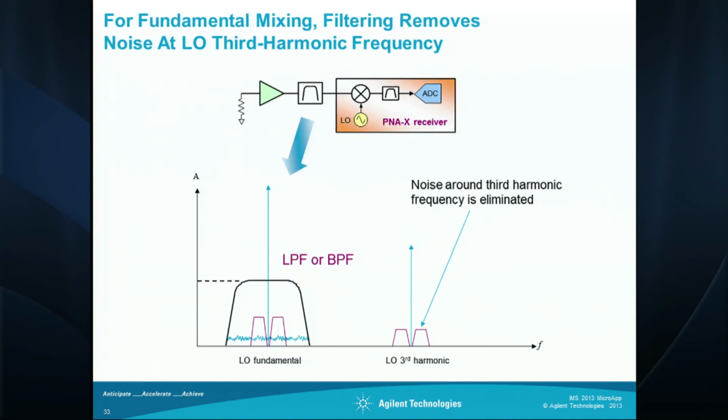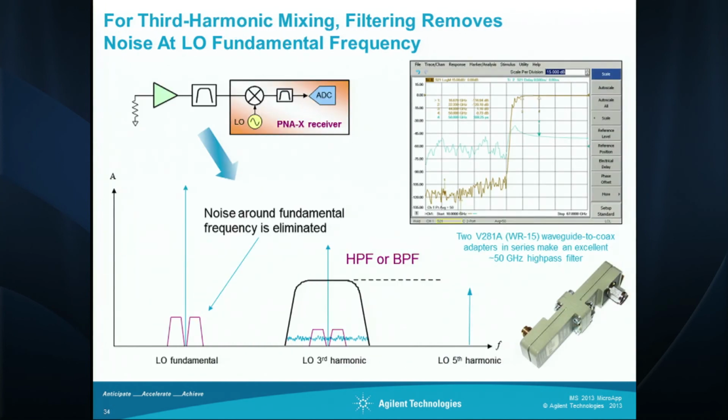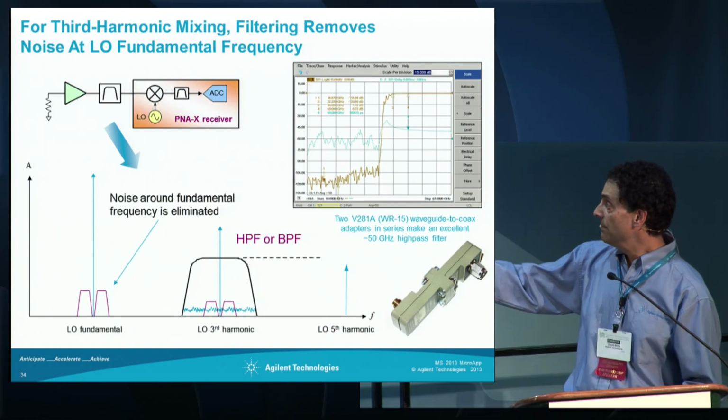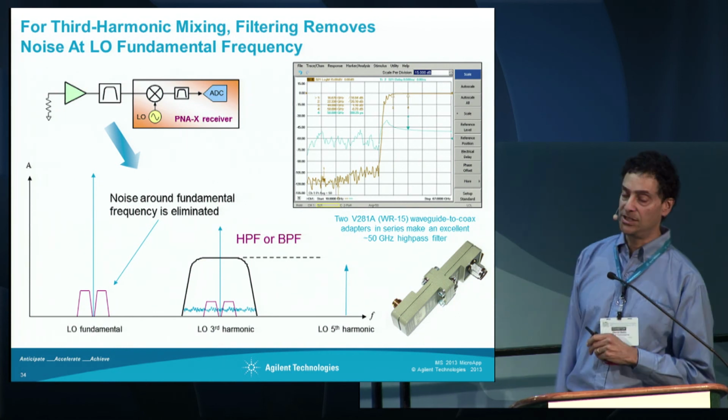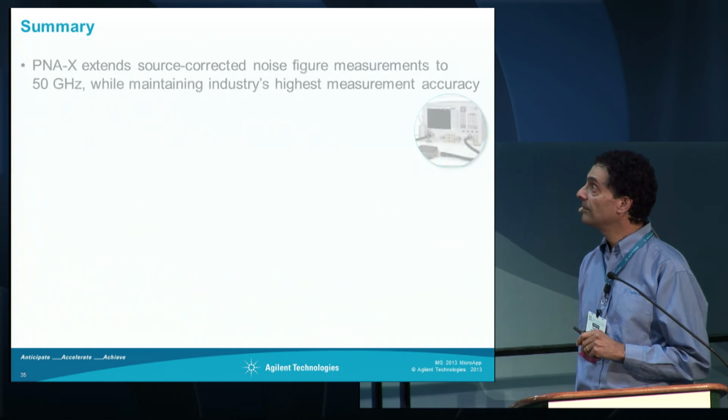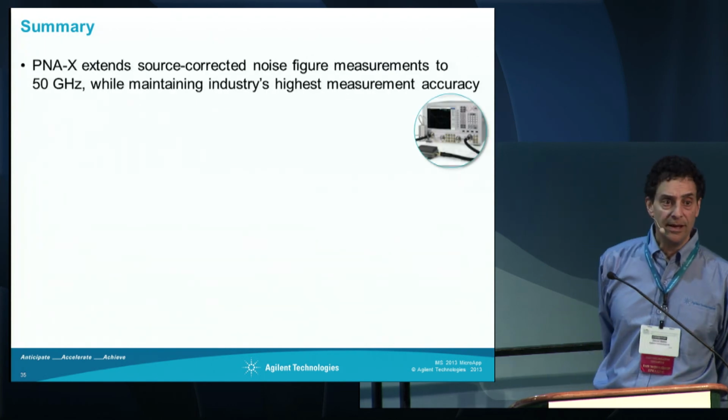It's bad. This is covered in an app note that we have, so you can look at that offline. But what I do want to show you is that a set of coaxial filters that are back-to-back make an excellent filter for use in that 50 to 67 gigahertz band. So that's the end of the measurement.